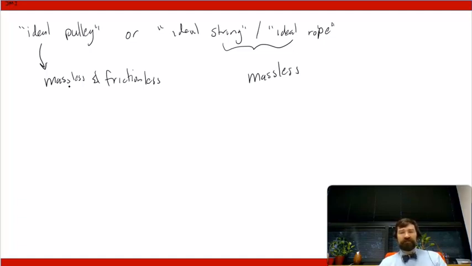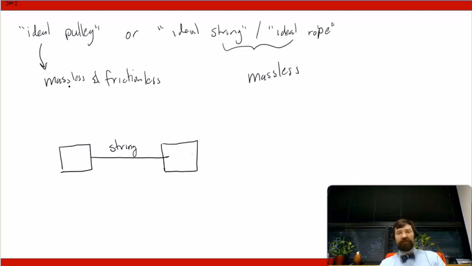So what is it that strings do? Well, let's say that I have a couple of objects. Maybe there's one here, and now there's another one over here. And they are connected to each other via a string. So here's a string or rope that connects the two to each other. And I grab onto this object and I give it a pull. That causes the object to start moving.